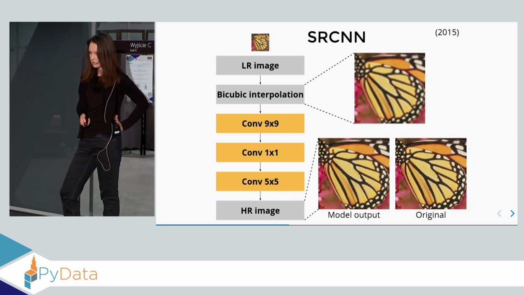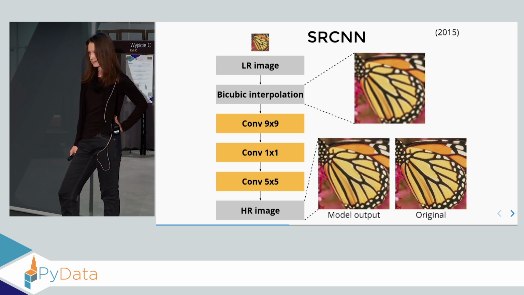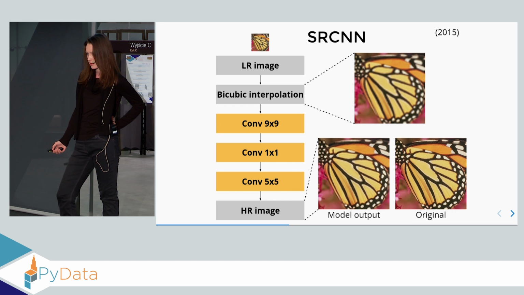So if you train your network with bicubic interpolation, what happens if you use an image that was upsampled with some other type of interpolation on this network? Well, we didn't try that. It was part of the method that was described in the paper. I mean, the network consists of the bicubic interpolation, which is not learnable, and then the 3 layers. Okay, thank you.